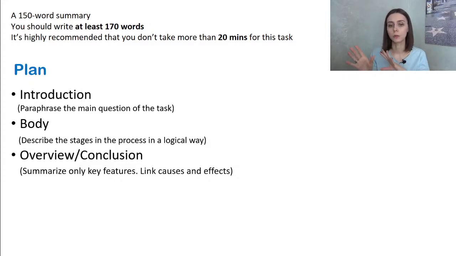I will show you in a moment. By the way, this overview or little conclusion can go right after the introduction, or you can keep it till the end of your task. I'll give you my example and I will put my overview after the introduction, just not to forget about it. This is our plan.